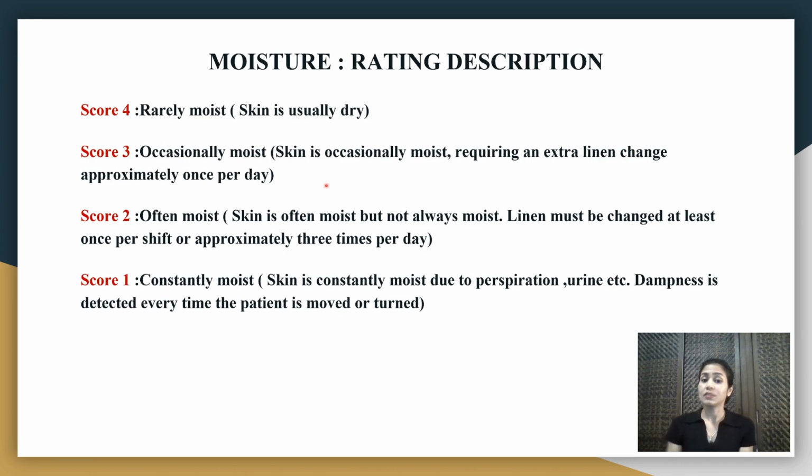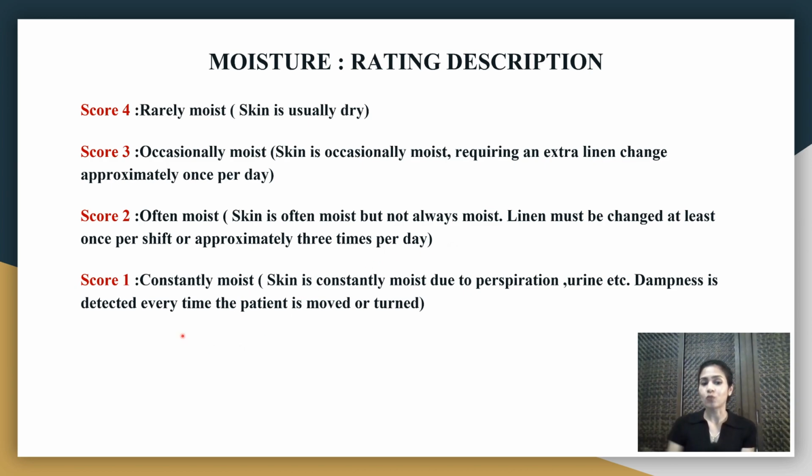If the skin is occasionally moist, that means the patient requires an extra linen change approximately once per day, you can give a score of 3. And often moist: the skin is often moist but not always moist, and you need to change the bed sheets at least once per shift, that is approximately 3 times per day, then you can give a score of 2.